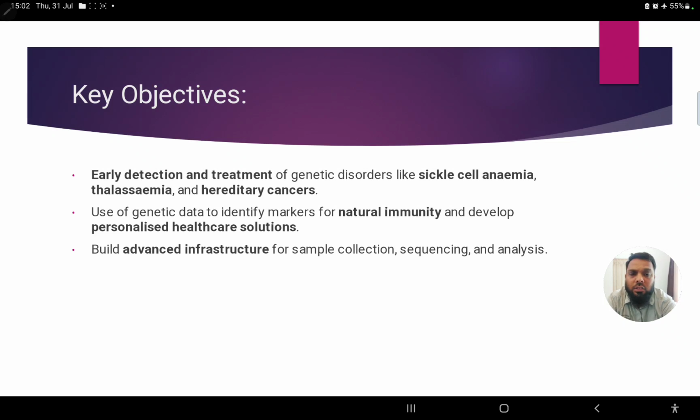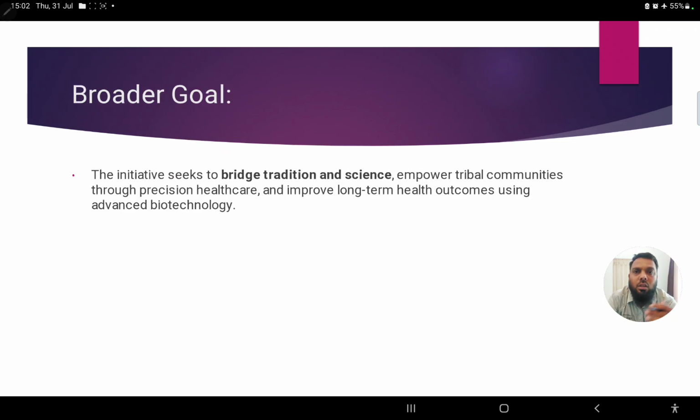These are the objectives. Then coming to the broader goal, right? This particular initiative of the government is seeking to bridge tradition and science. See, tribal people are closely connected to nature. A lot of tribal traditions are preserved. They have various natural treatments.